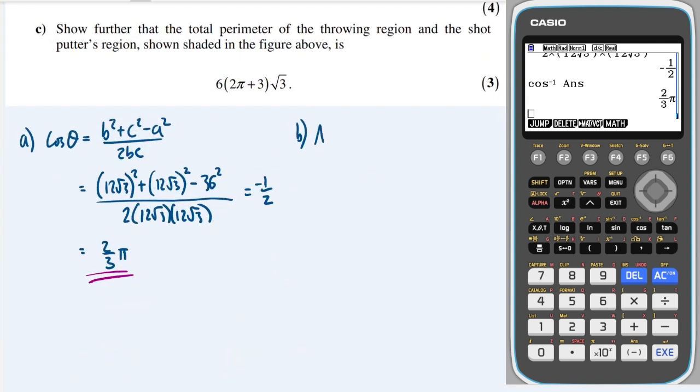And we know that the area of the minor sector is going to be a half r squared theta, which is a half 12 root 3 squared times by 2/3 pi. 12 root 3 squared is 144 times 3.